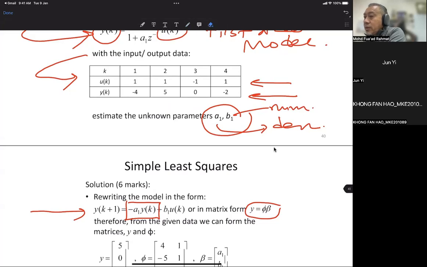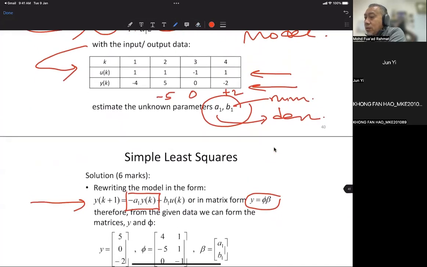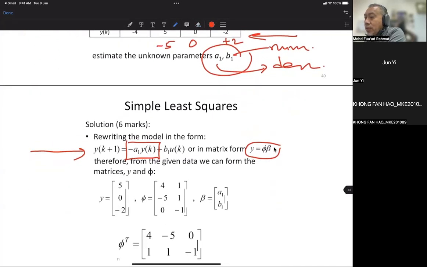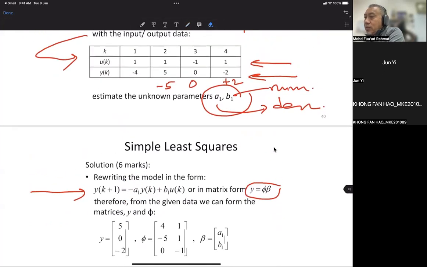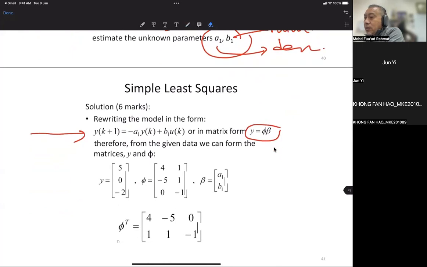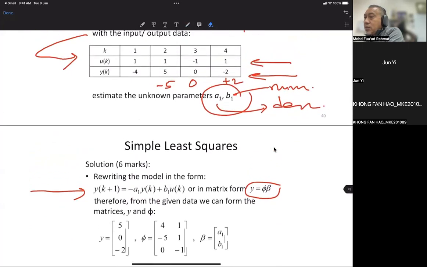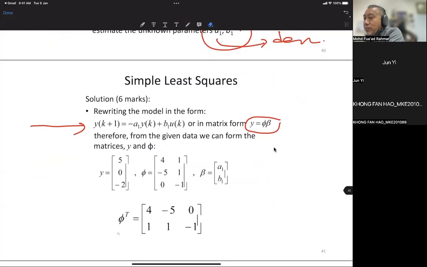Minus positive 5 is minus 5, 0 is 0, minus 2 is positive 2. So we get 5, 0, minus 2 for the y(k). And for the u(k), plus b1 u(k), this one should be 1, minus 1, 1.